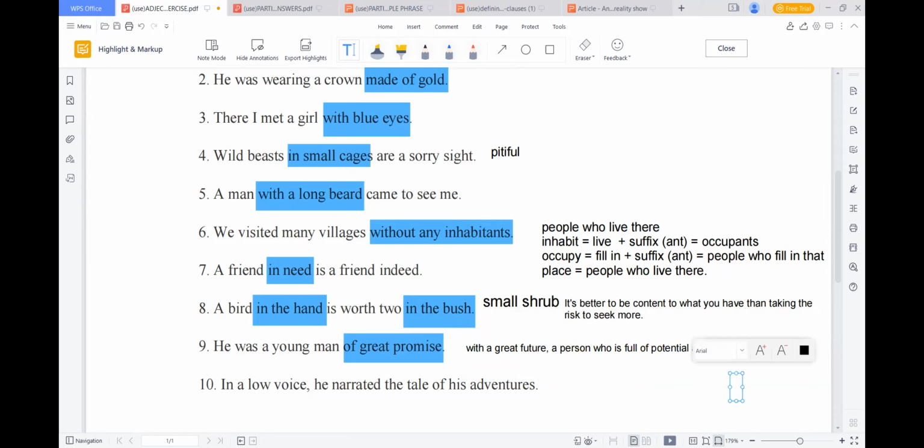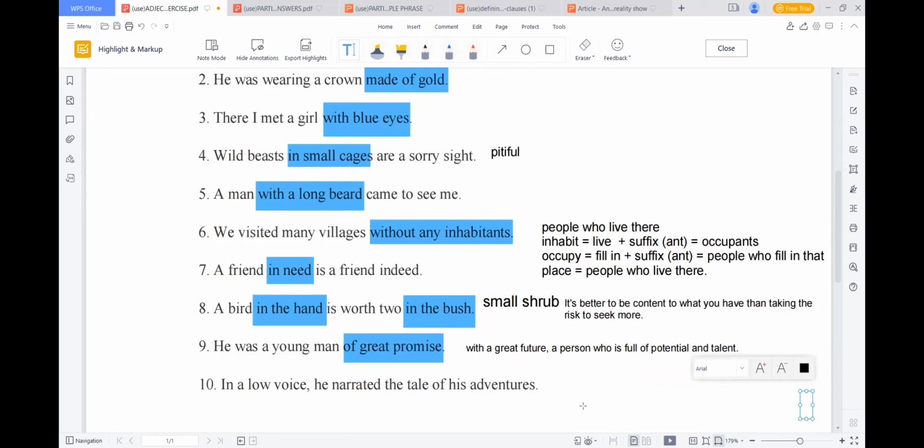Next, can you read? In a low voice, he narrated the tale of his adventures.